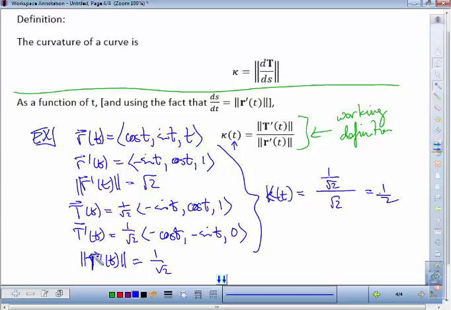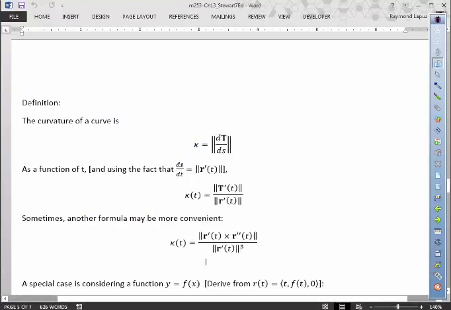All right. So it turns out that there are other ways to adjust the formula. There's another way where you don't have to look for the unit tangent vector. You can just do this cross product.